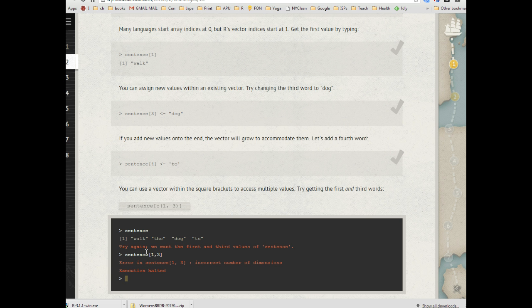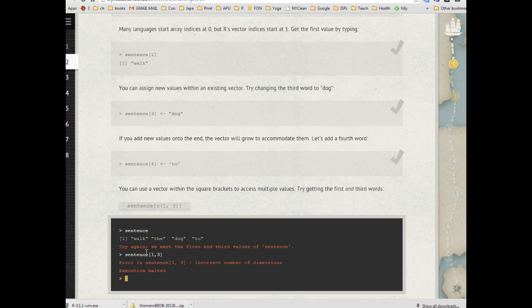Any question? Now, what kind of brackets are those? Are those round brackets or square brackets? They're square brackets. So note that, you have to be using square brackets. What are round brackets used for, by the way? Where have we seen round brackets? For functions. Round brackets are for functions, square brackets are for this.